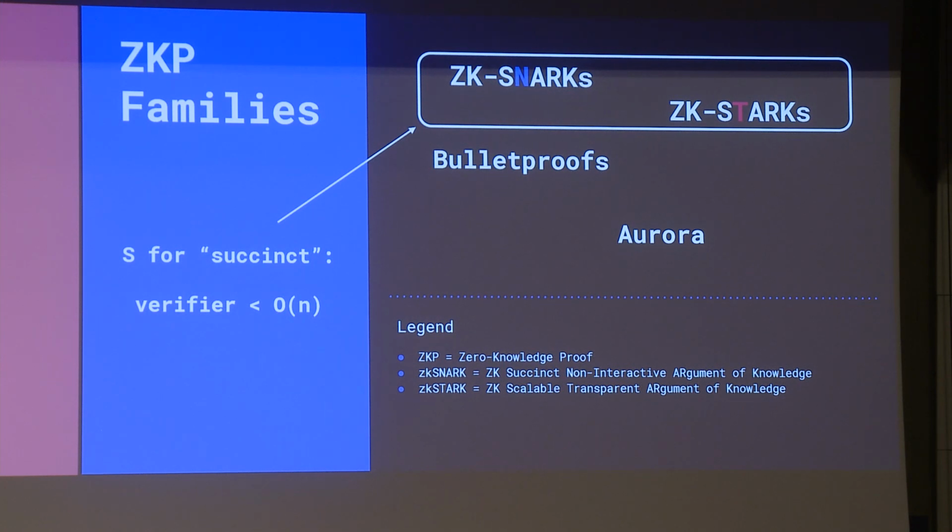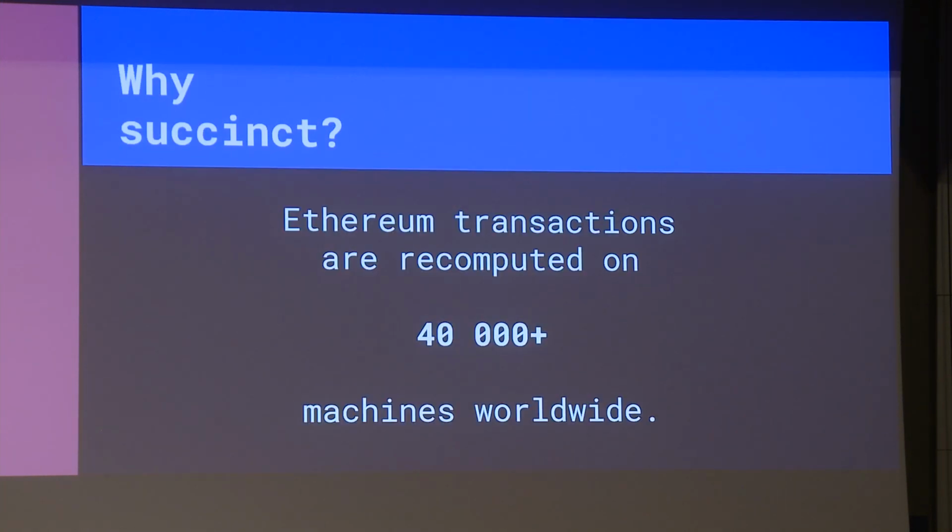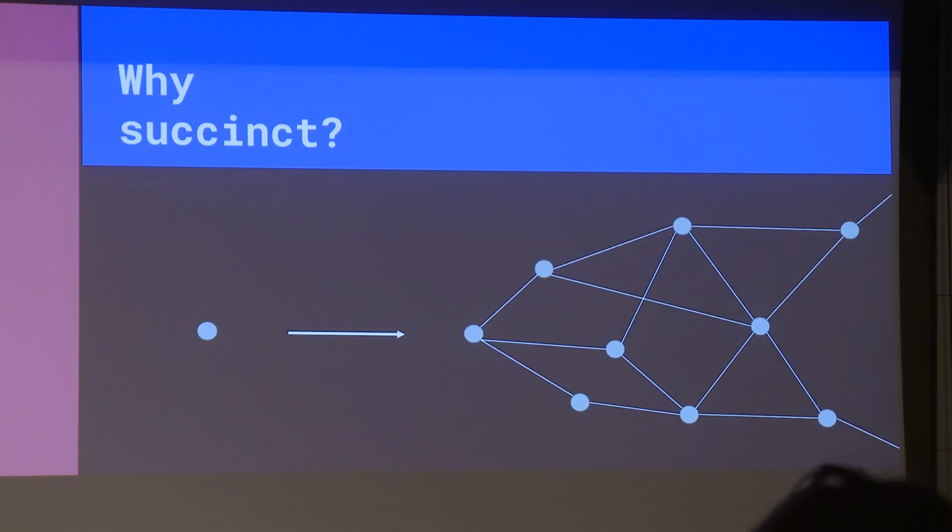And why is that important? We replicate all Ethereum transactions to tens of thousands of machines worldwide. And this is really important to ensure decentralization. Now, if you take computation and you make some piece of data, you process it somehow, you send it to everybody else, they have to do exactly the same operations everywhere.